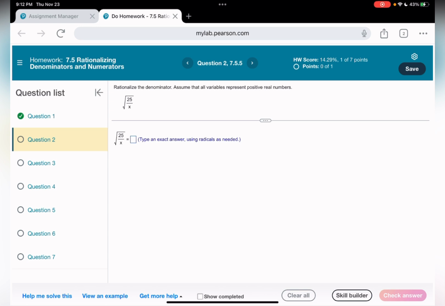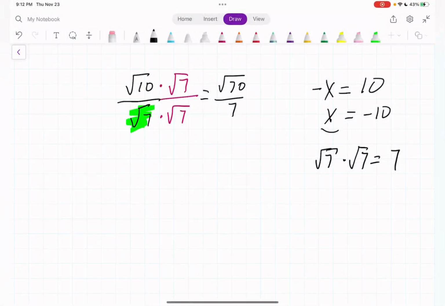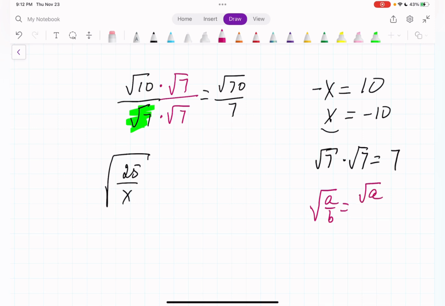Square root 25 over x. Based on properties of radicals, a over b is equal to square root a over square root of b, right? So here I will get square root of 25 over square root of x.